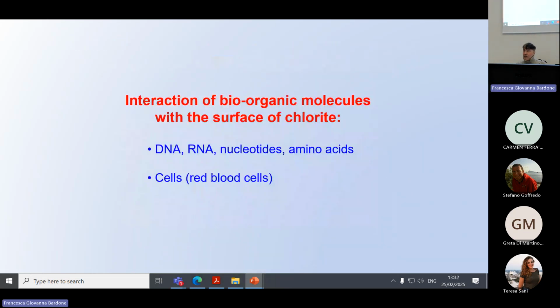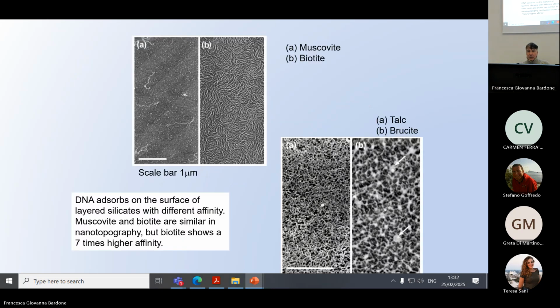I used this surface to condense biological material. Since biological material has charge, I thought that on the positive or negative part of chlorite, I can condense DNA, RNA, nucleotides, or amino acids, or cells.